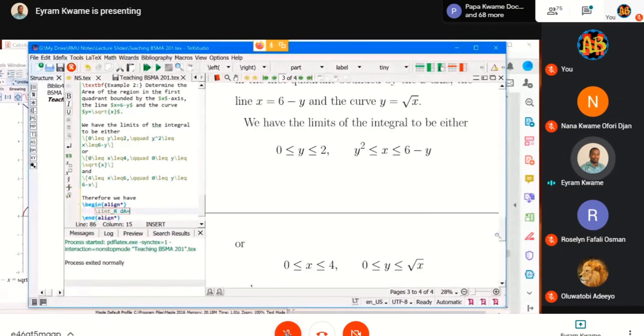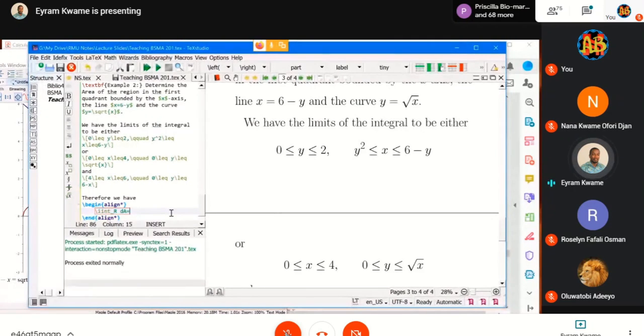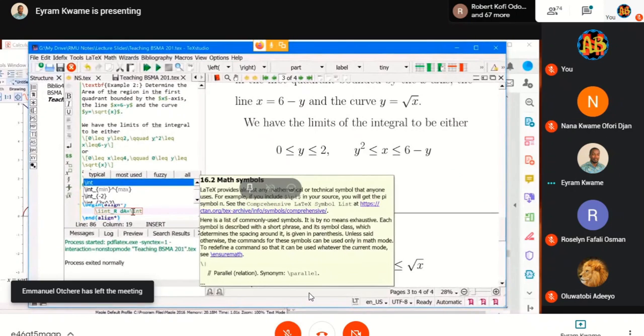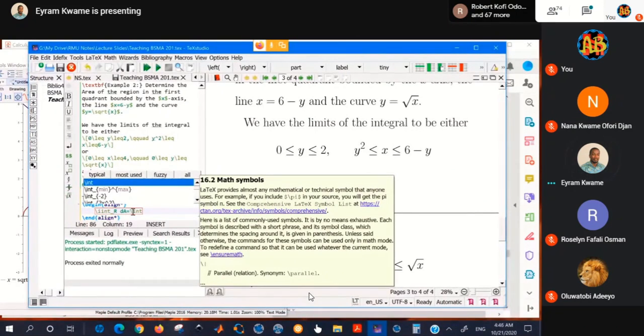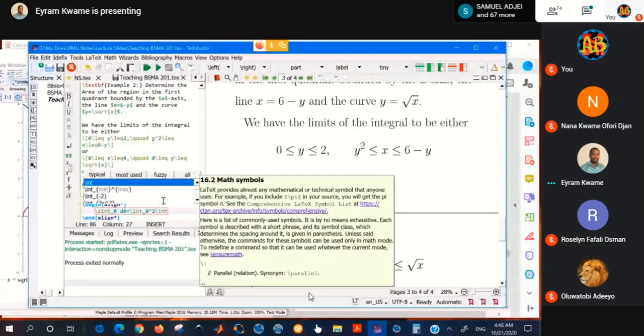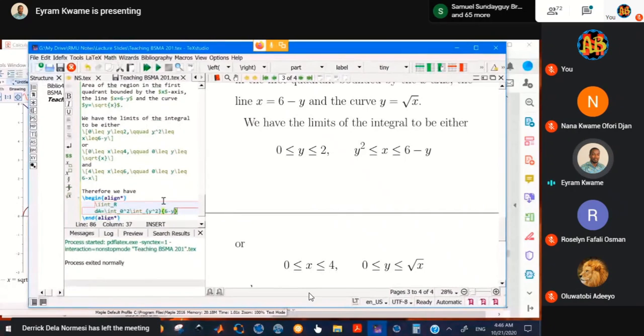Which one am I doing? I'm doing the integral from 0 to 2, and then integrate, and then integrate, I have y squared, 6 minus y.